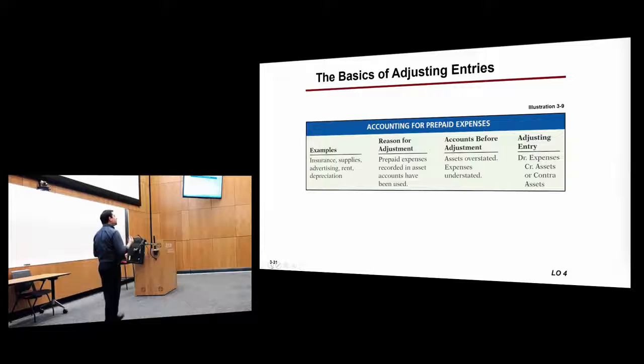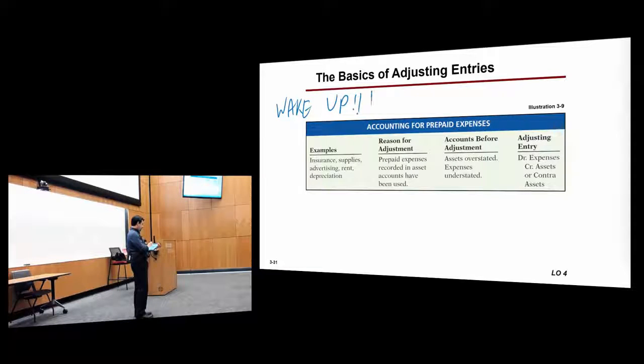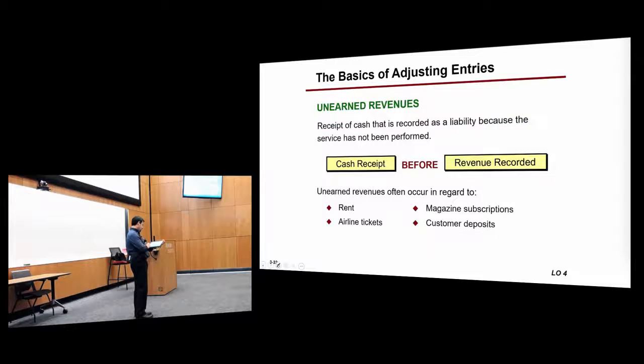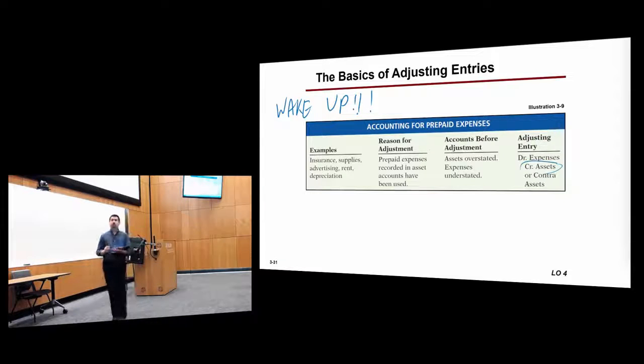When you want to decrease an asset, you credit it, and to increase your expenses, you debit the expense. So to simplify it, whenever you need to make an adjusting entry for prepaid expenses, you debit the expense, you credit the asset or the contra assets.